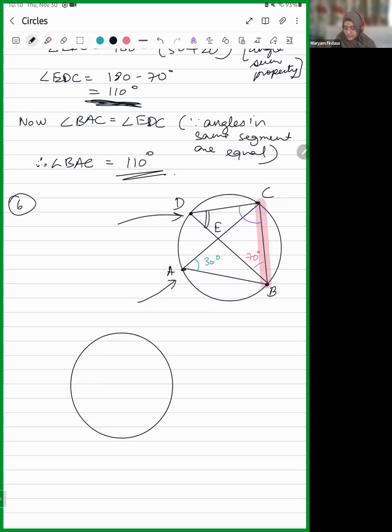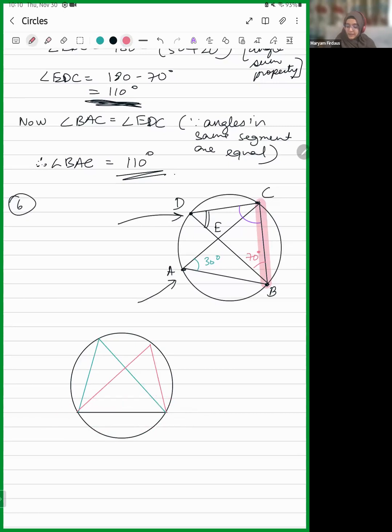If there is a chord of the circle which subtends two different angles at two different points in the same segment, same segment meaning both of them have to be on the same side of this chord.